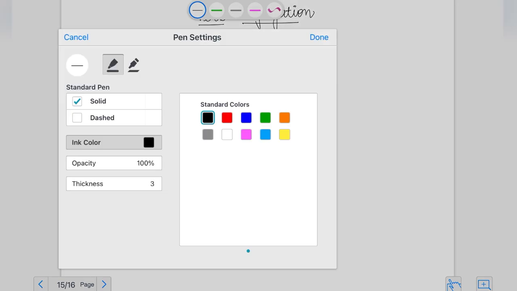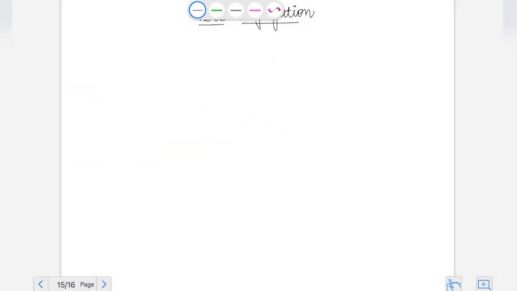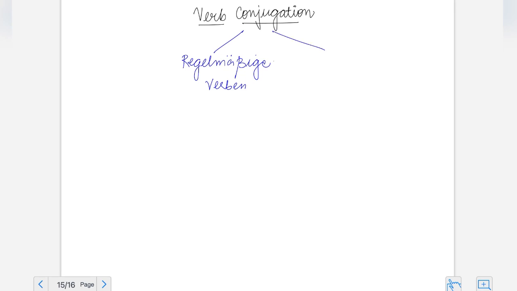So we have two types of verbs. First is regelmäßige Verben and the second is irregular verbs, which is unregelmäßige Verben.